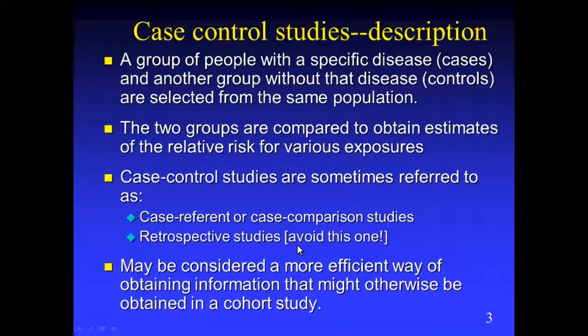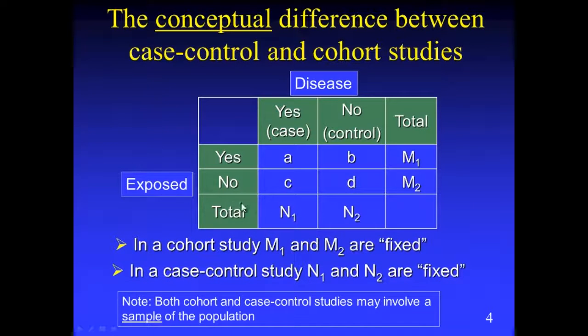One of the reasons case control studies are so popular is that they can be considered a more efficient way of attaining information that might otherwise be collected in a cohort study. I'm going to show you how that is the case. But before we move on to that, I'm going to talk about situations where we would want to use case control studies.